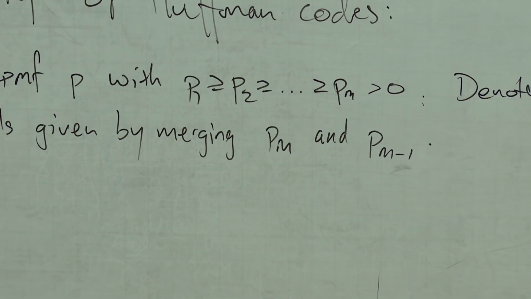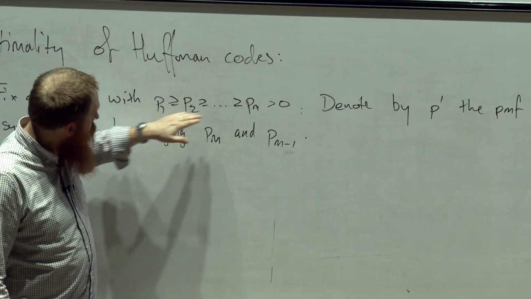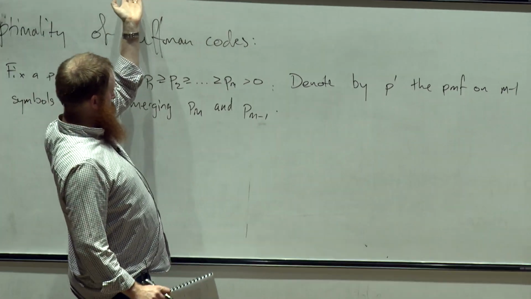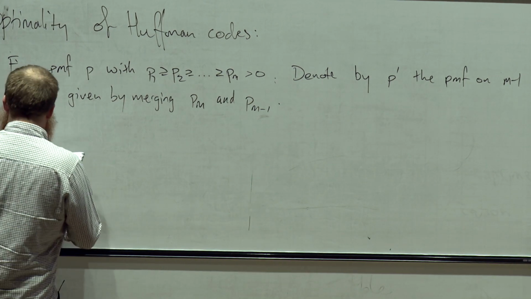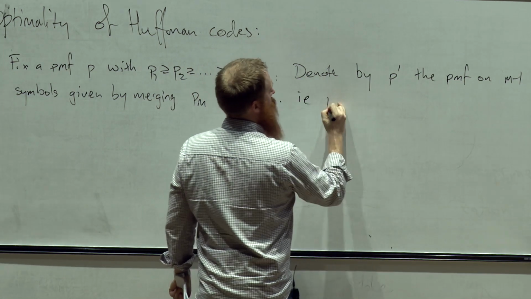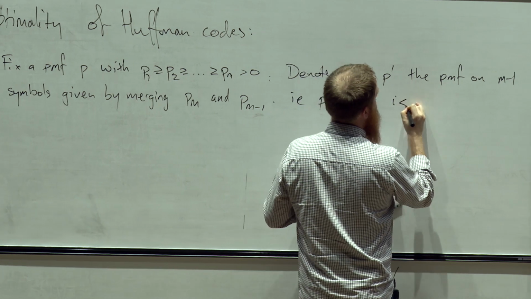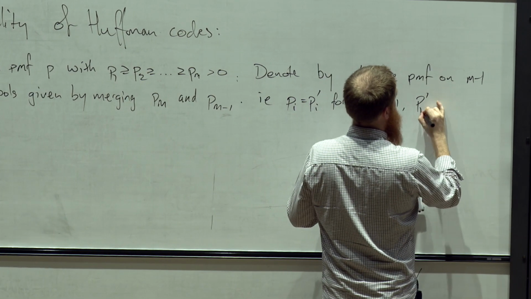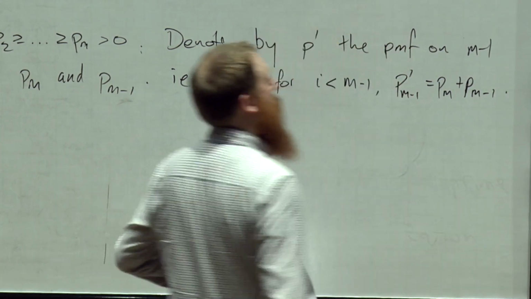Happy with that? So I've taken all my symbols, and then I take the two that are least likely in whatever ordering I've got here. So some decreasing ordering, take the final two and merge them. And I call that P prime. Okay, i.e. pi equals p prime i for i less than m minus 1, and p prime m minus 1 equals pm plus pm minus 1.